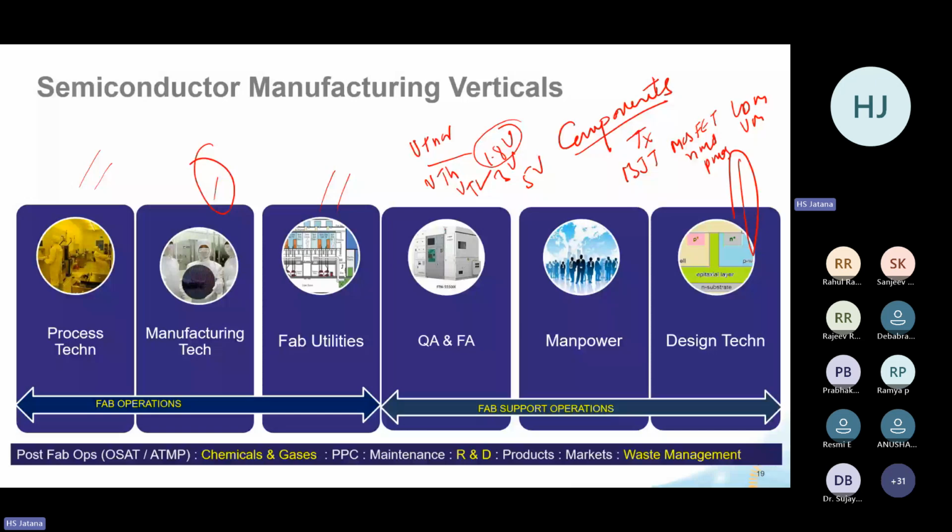Then quality assurance and failure analysis is also a very big thing, because you have to stabilize yield and ensure you get proper yield. If some batches are not giving yield and there are failures, you have to analyze. Various tools are used in failure analysis, because nowadays, even at 180 nanometer, we have 6 metal layers. On top of the transistor, there are 6 metal and 6 dielectric layers.